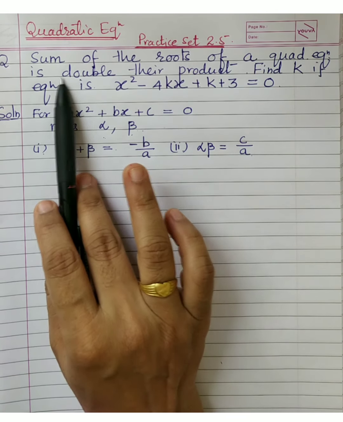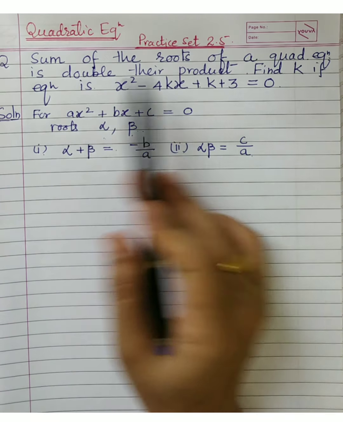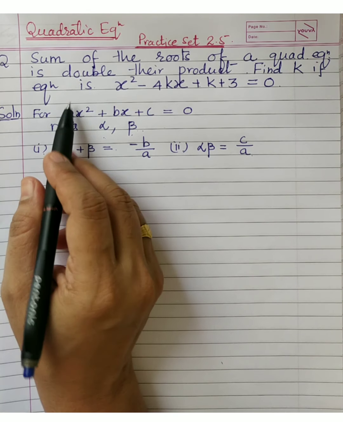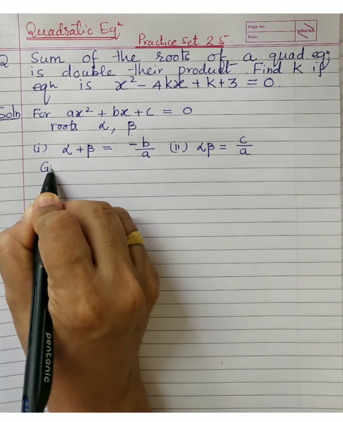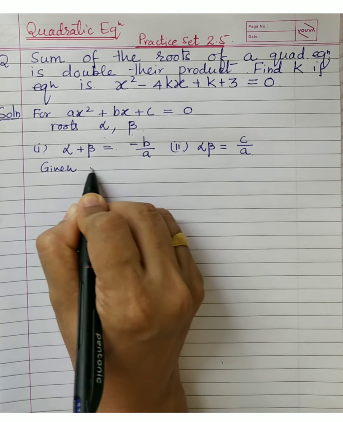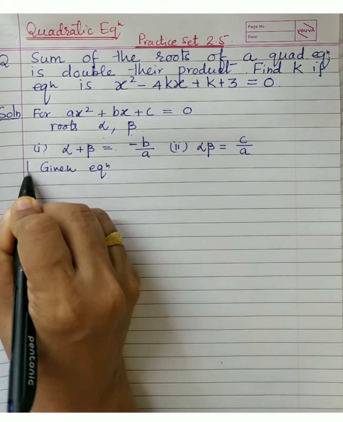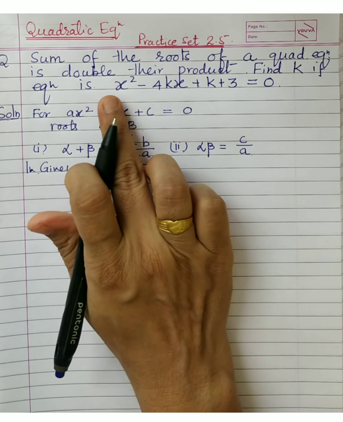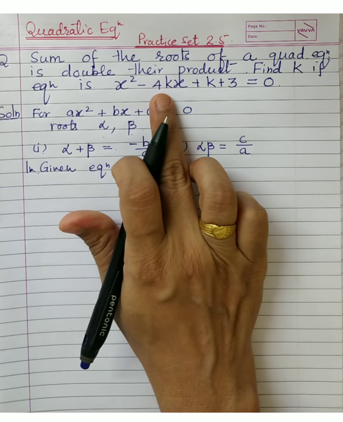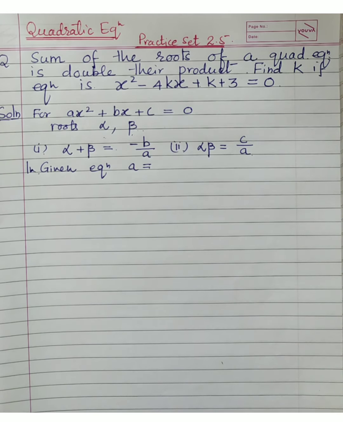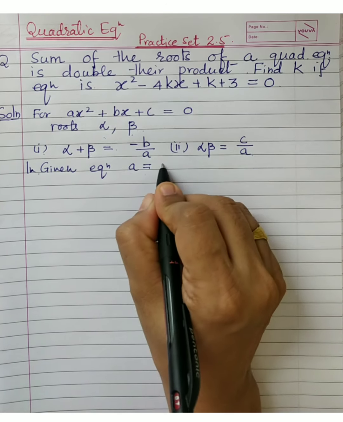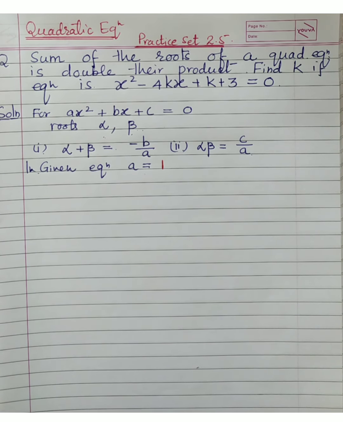Since we are talking here about their sum and product only, we shall use this method to find the value of k. So the given equation, when you compare it with the standard form, first check whether it is in standard form. It is in standard form: x² - 4kx + k + 3. What is a here? The coefficient of x², that is 1.